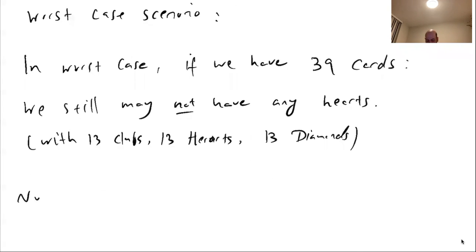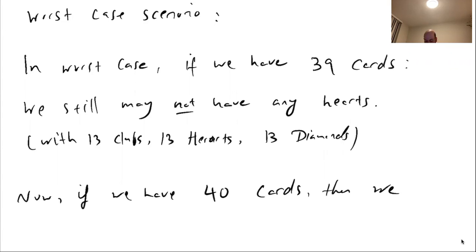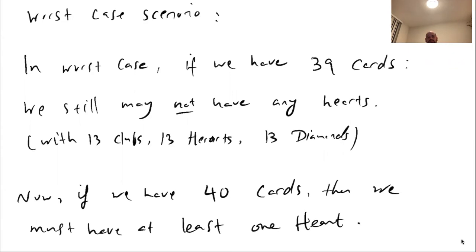Now, if we have 40 cards, then we must have at least one heart, because if I want to avoid having hearts, and I want to have a guarantee, therefore I have to think about the worst case scenario.